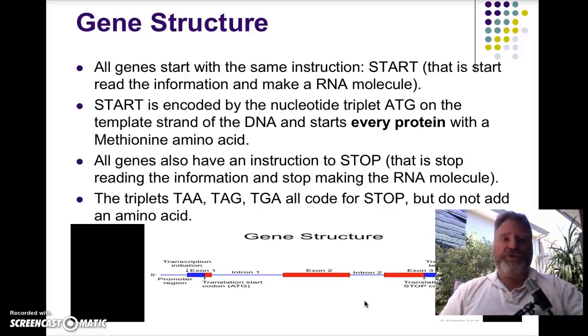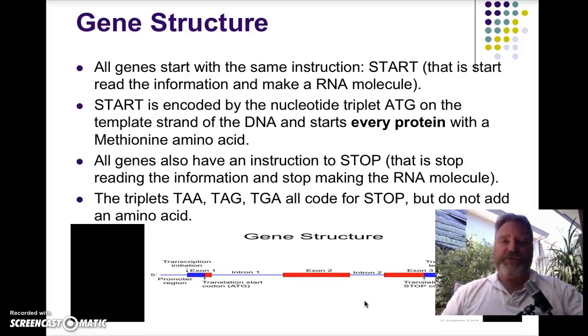All genes start with exactly the same instruction: start reading the information I contain and make an RNA molecule. Interestingly, every single protein in all living things starts with methionine as an amino acid, because this is the one time it gets coded. So the code for start always codes this.